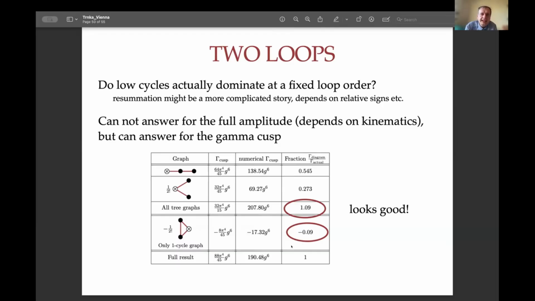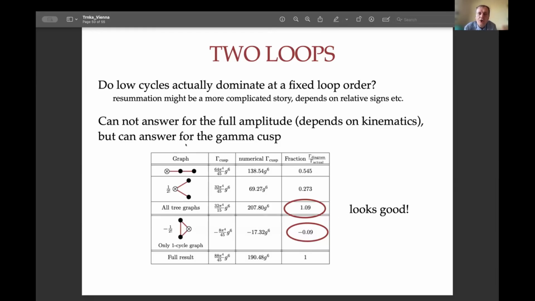So if we look at 2 loops, we already had these geometries and we wrote the F functions for them. If we look at the contribution to gamma cusp relative to the full result, the 3 graphs definitely dominate here. It's like 1.09 of the full result, and then we subtract a little bit from the 1 cycle graph to get the full gamma cusp.